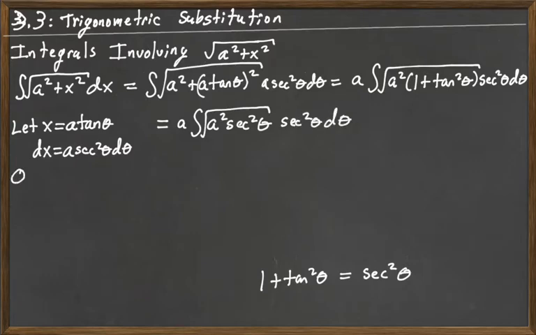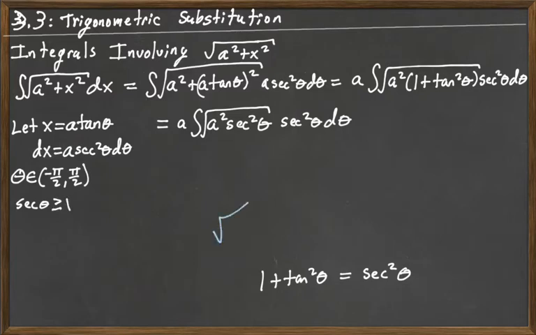All right. We are going to be potentially using the inverse tangent function, which means we need to restrict our domain of tangent. And the generally agreed upon restricted domain for tangent is negative pi over 2 to pi over 2, not including the endpoints, and that's going to be in quadrants 1 and 4. Okay, and so the secant is going to be positive. It's actually going to be greater than 1 in those two quadrants.